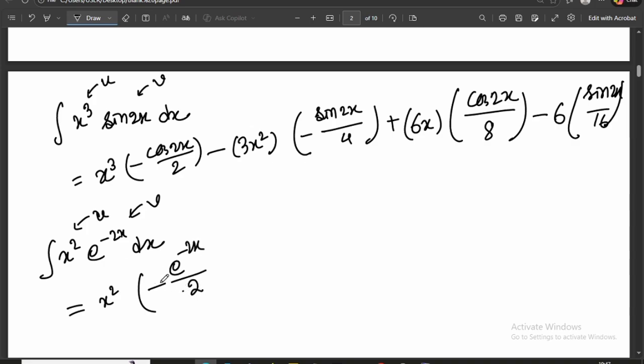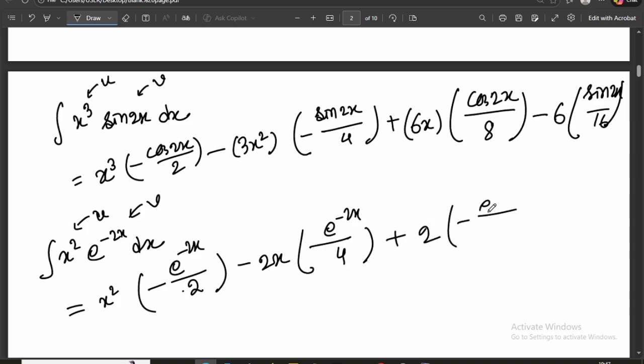This negative is here, so in the next step minus, the derivative of x square is 2x, and again minus 2x, so it will be 4 and it will be positive, plus 2 times negative e to the power minus 2x by 8.